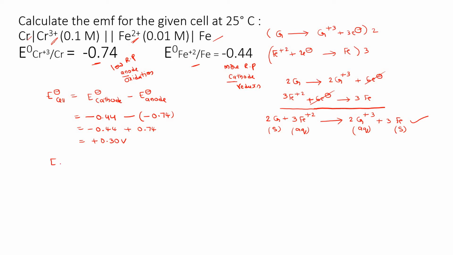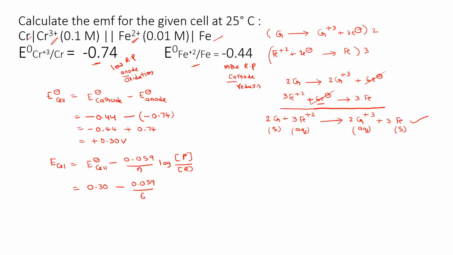What is the formula? E cell equal to E naught cell minus 0.059 by N into log concentration of products by concentration of reactants. Now substitute everything in this. E naught cell, how much we got? 0.30 minus 0.059. Now how many electrons are involved here? 6 electrons.